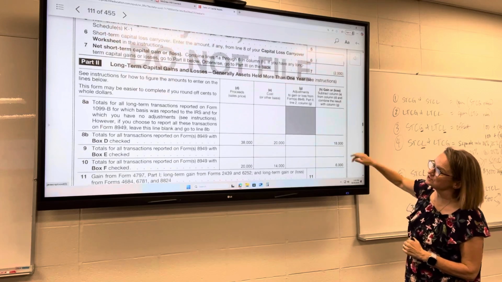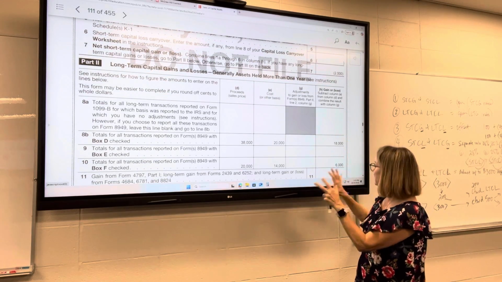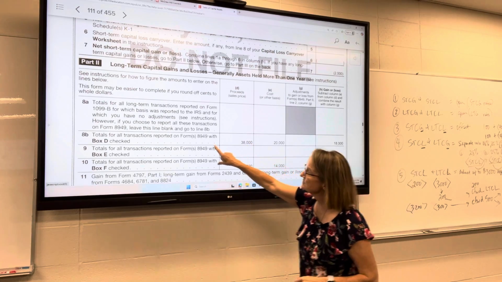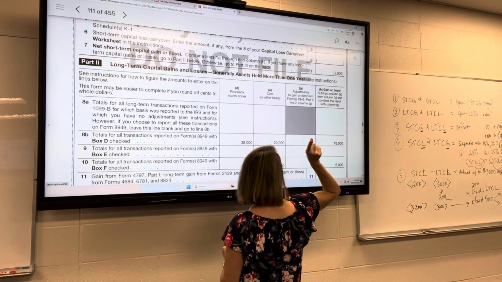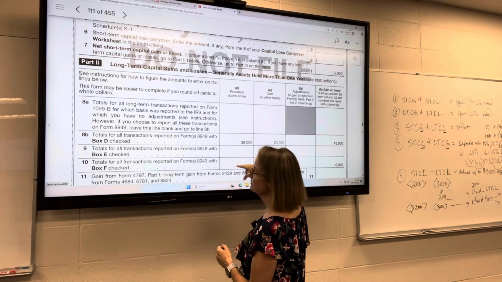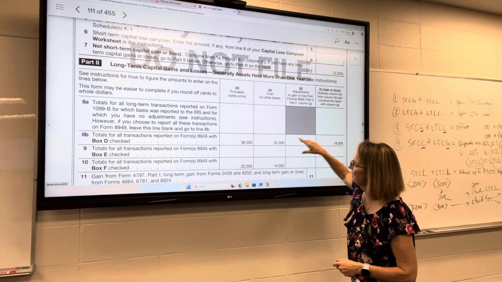And then the next section, part 2, is our long-term capital gains or losses. Those are separated out. Remember, we've got our collectibles, these are our collectibles here, 6,000. That had box F checked. This one had box D checked.